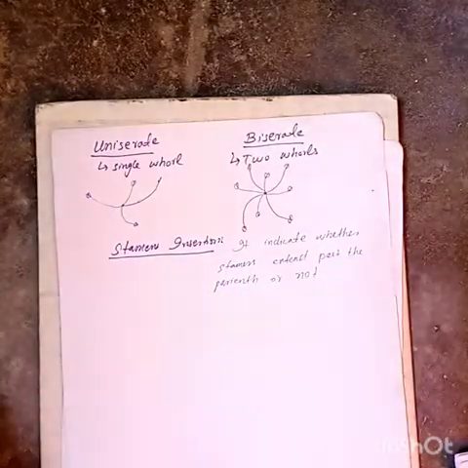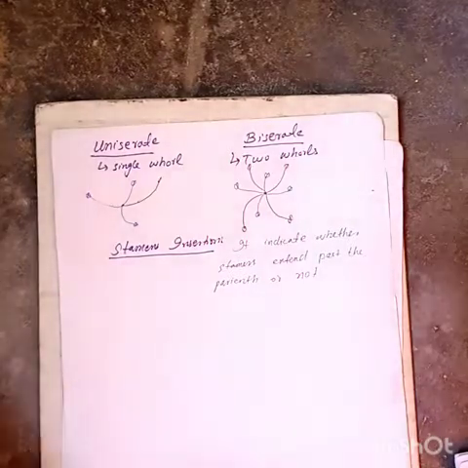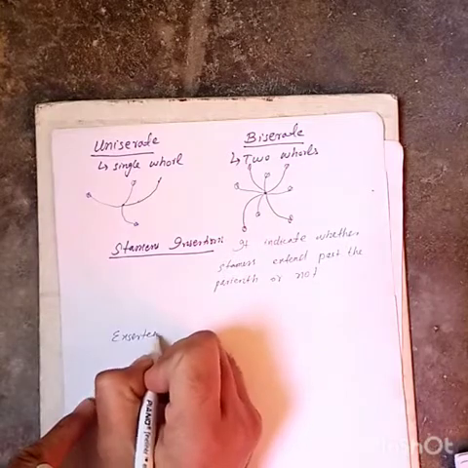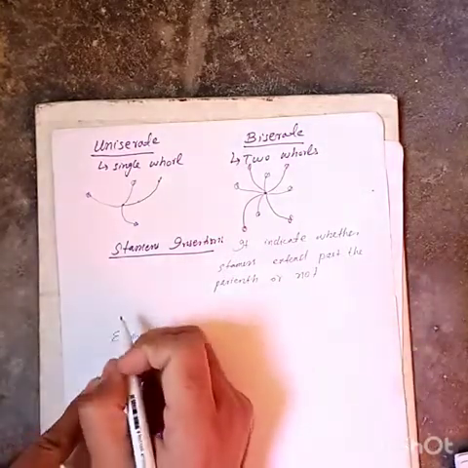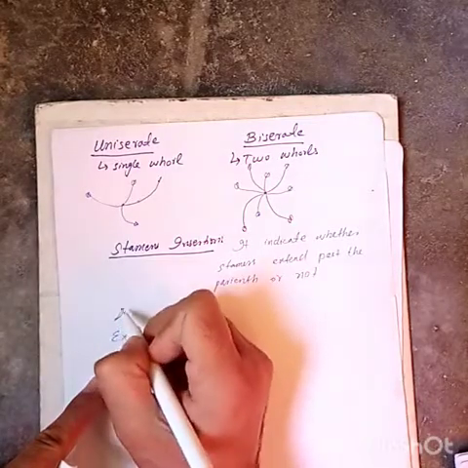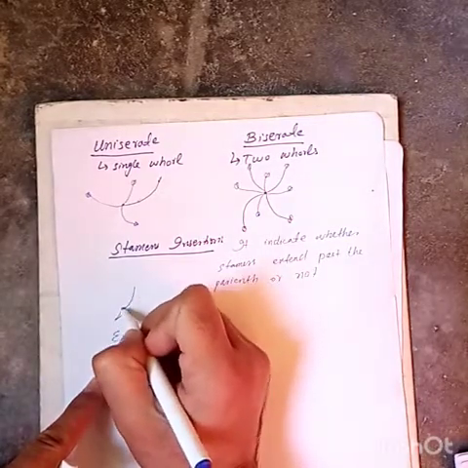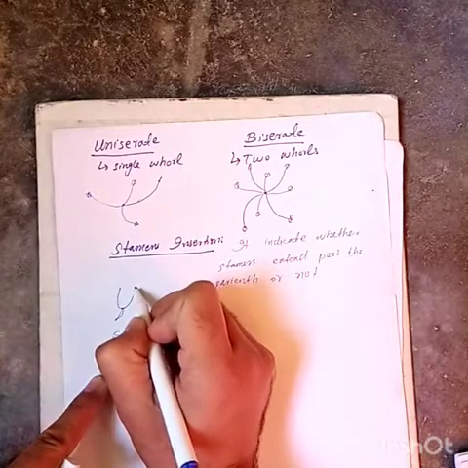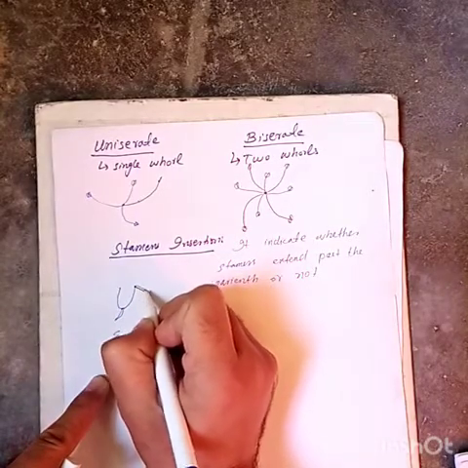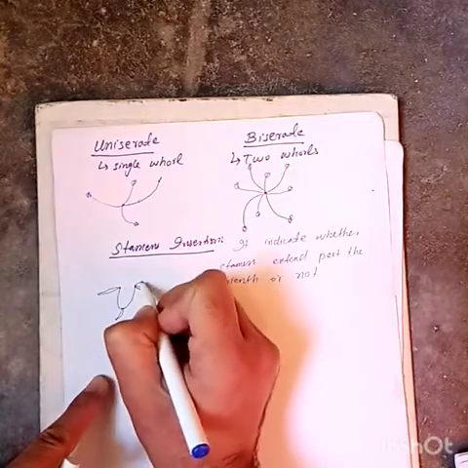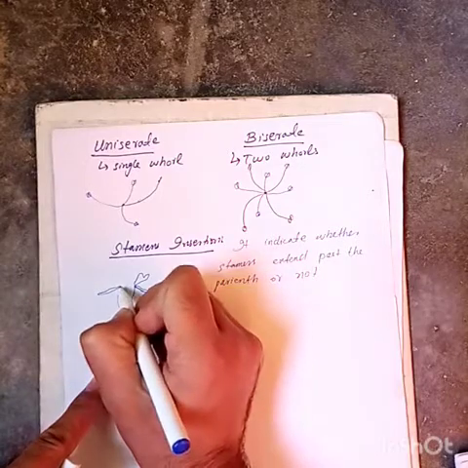There are two types on the basis of stamen insertion. Number 1, exserted. Let's suppose these are sepals, these are petals.